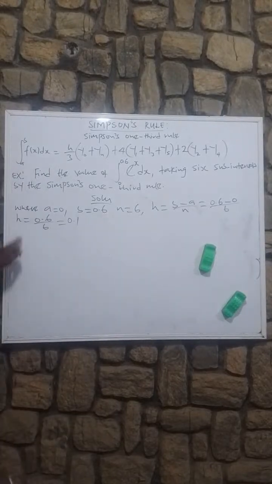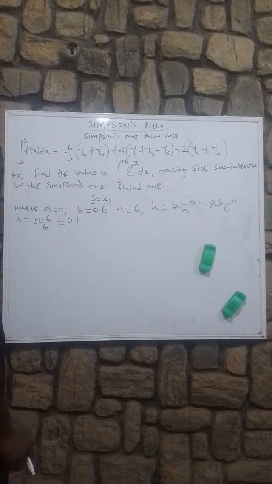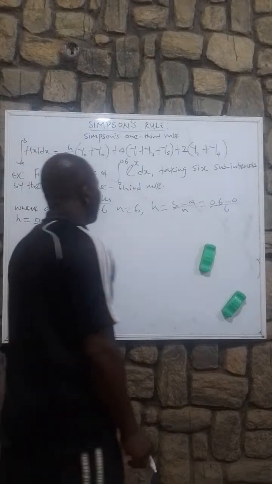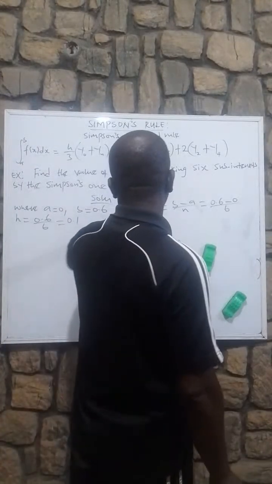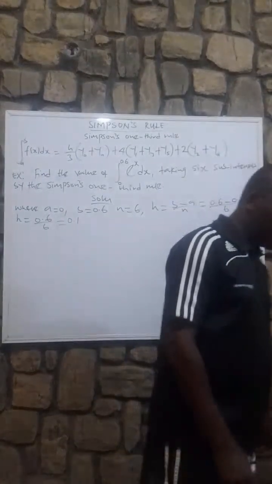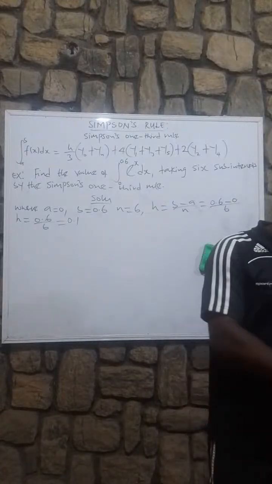So let us have our diagram. Is that clear? Since the interval is 6, right?